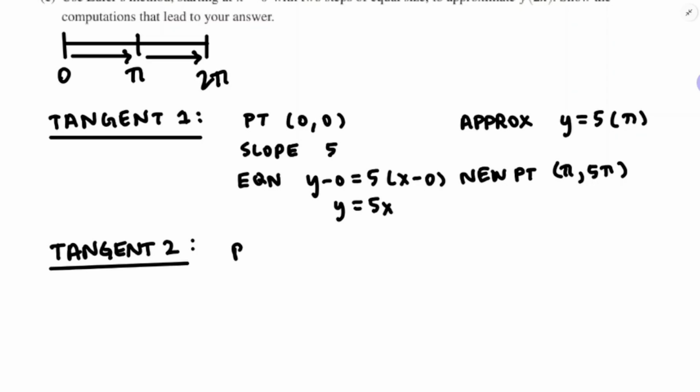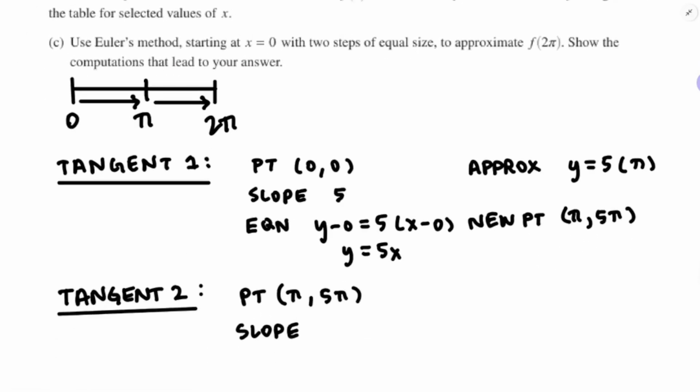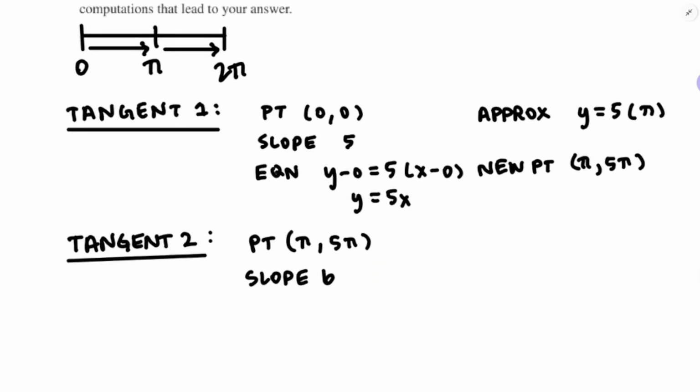So I'm going to say my point here is pi and 5 pi. My slope is going to be, okay, I go back to f prime of pi equals 6. So my equation is going to be y minus 5 pi equals 6 times x minus pi.